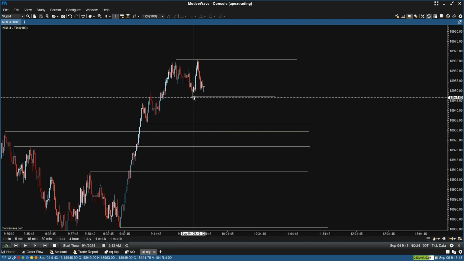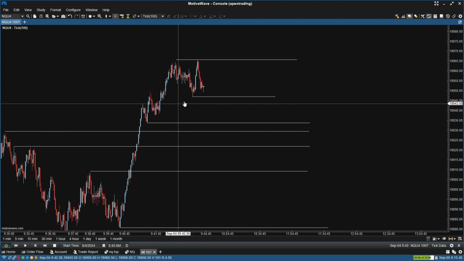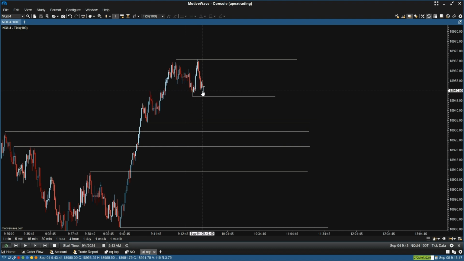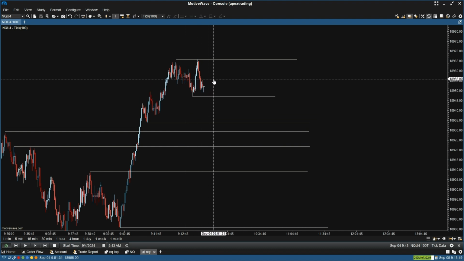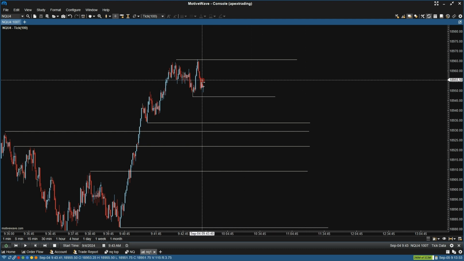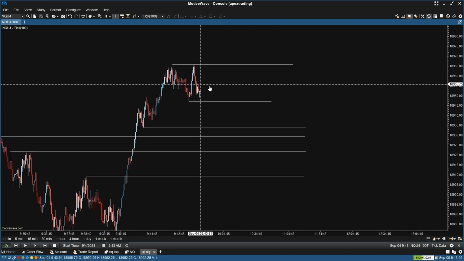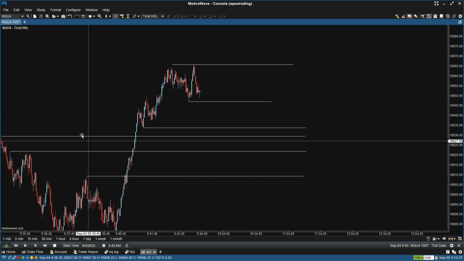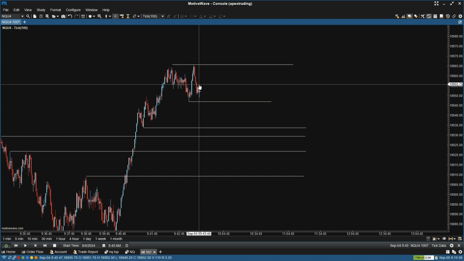So it's failing to break this one. So we still have this structure here.